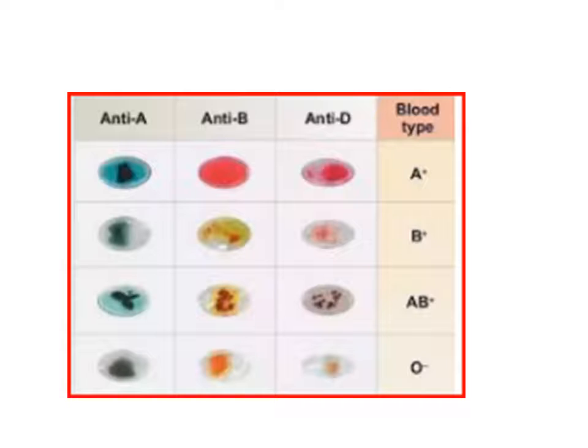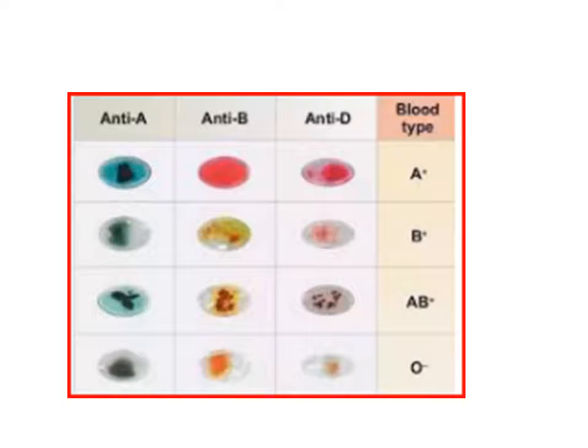It means A and D both are positive, so you call it A positive. And when you have blood group B, you see the agglutination is present in the blood drops of B and anti-D. So you have B positive.